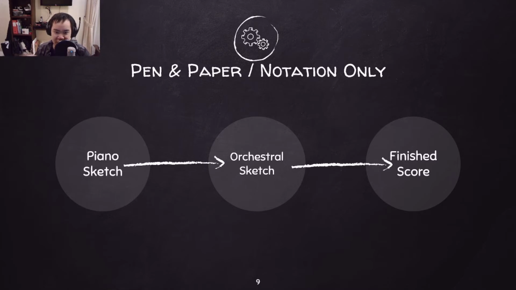For example, you're not writing something for the French horn that's out of the French horn range, or something way too low for a violin to even physically play. So having those people double check real quick, and then you would refine it into a finished score, and that finished score you would give to the orchestra to record. And so that's how pen and paper notation software composers typically work.